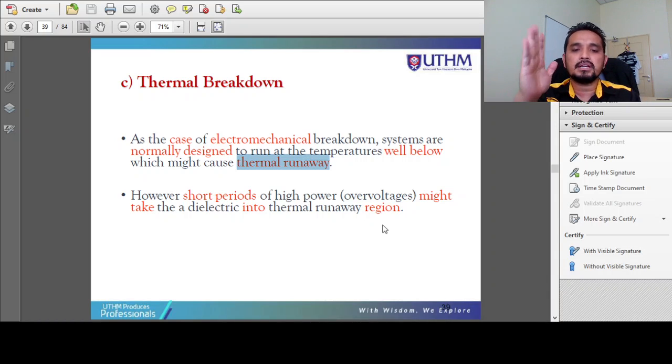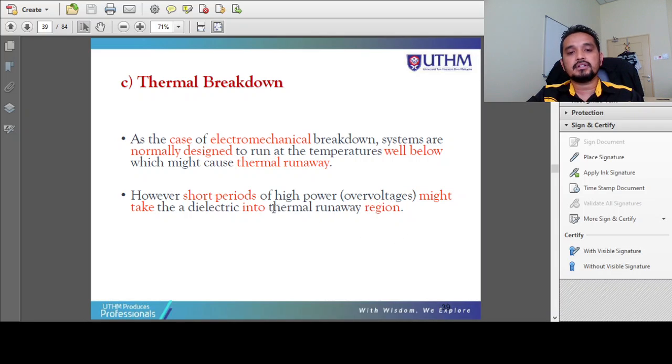That means it is the borderline between a good insulator and a breakdown insulator. In certain cases, within a short period of time, the insulator can reach thermal runaway under overvoltage, for example switching and lightning, that will take the insulator into the thermal runaway region.